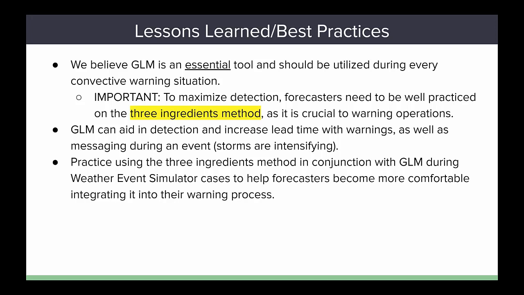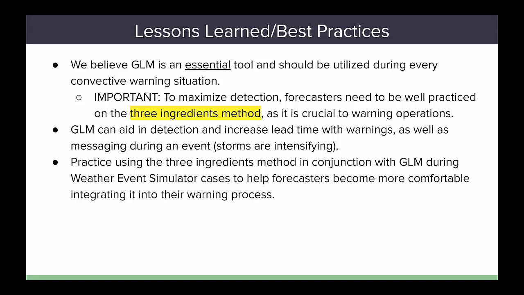GLM, we've seen, has aided in detection and increased lead time with warnings, especially with that first case that I reviewed, as well as messaging during an event. So it's an easy way to visualize when updrafts are intensifying, especially when they're rapidly intensifying. Also, just practice this.